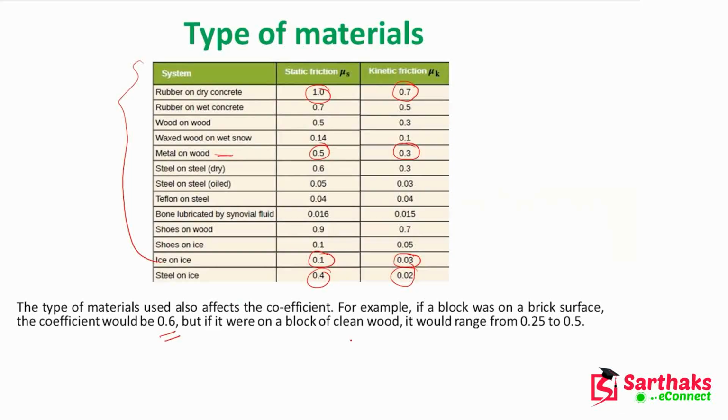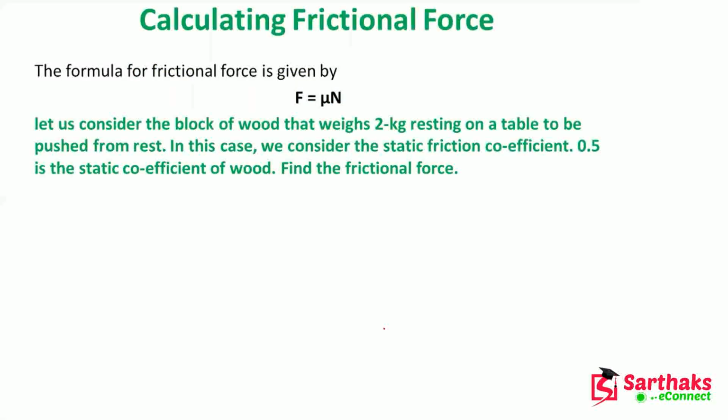If it is a block on clean wood, then it ranges from 0.25 to 0.5. Fine. So remember one thing: your object material is important, as well as your surface material. What you are rubbing on is also important.